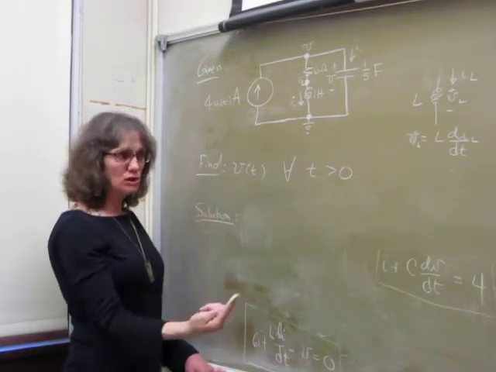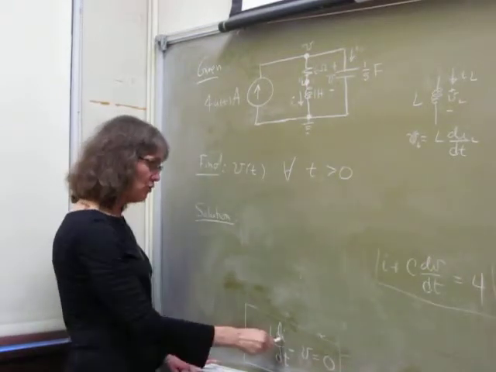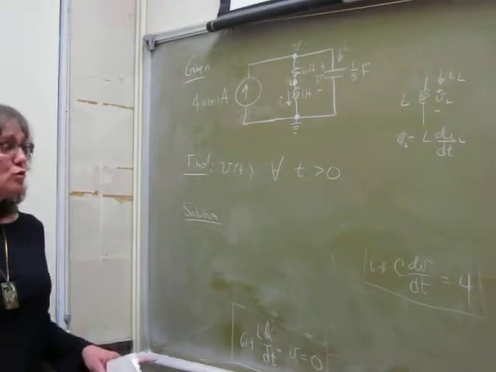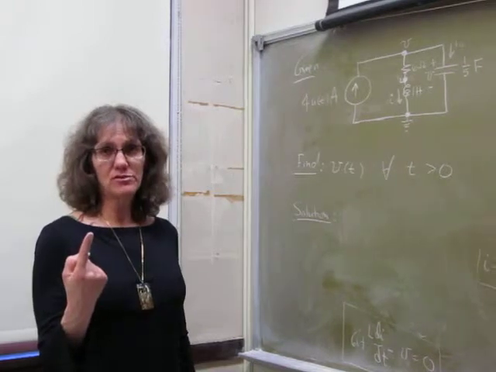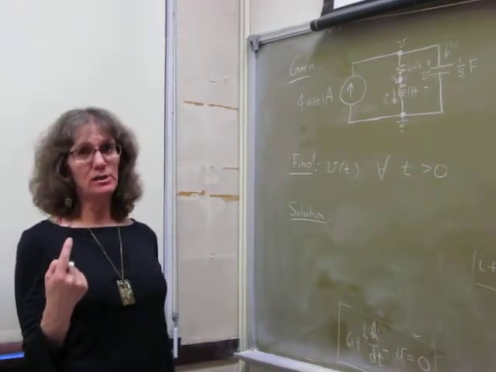So in this case, it's two equations in the two unknown state variables, V and I. So now that I've got those two equations, I want to reduce them to one equation in just one of those variables. So I'm going to do that using the S operator.